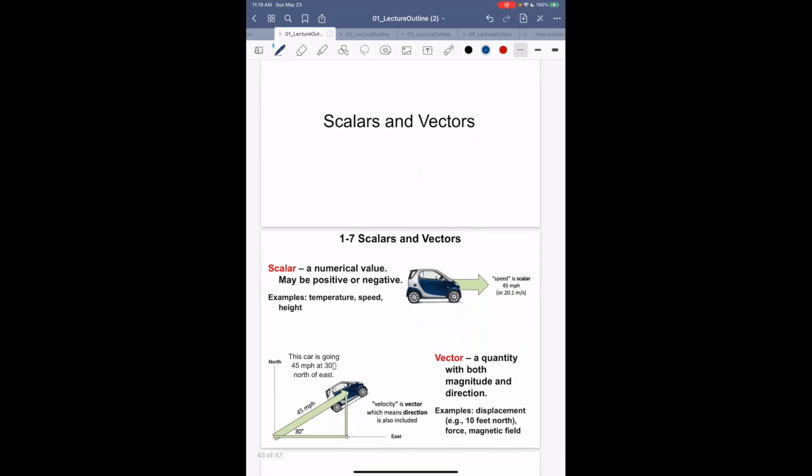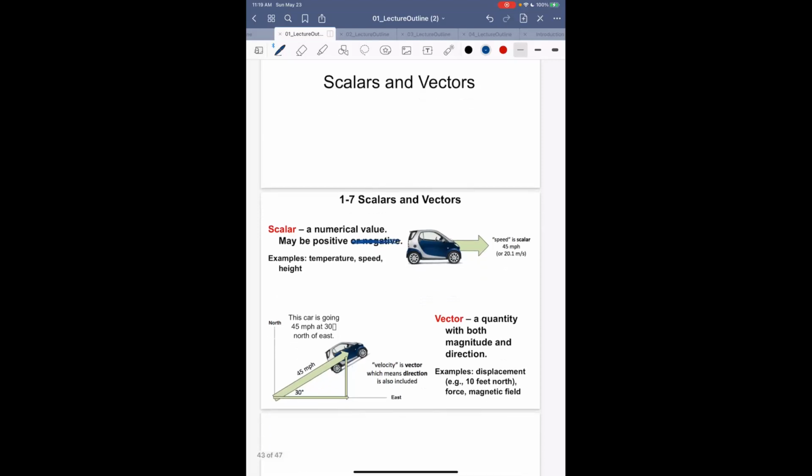I don't like the statement that it might be positive or negative. I will erase that because I am always going to use the magnitude. Here they are talking about temperatures, and I don't want you to be confused by the negative because we are going to use the negative for the direction. For now, forget about temperature because we are not dealing with temperature at the beginning.